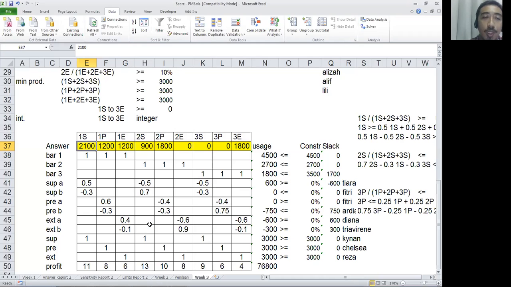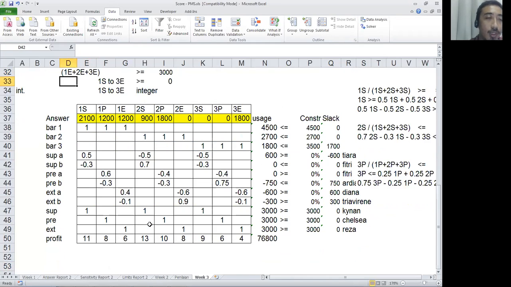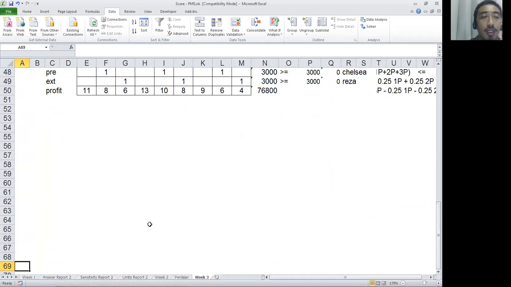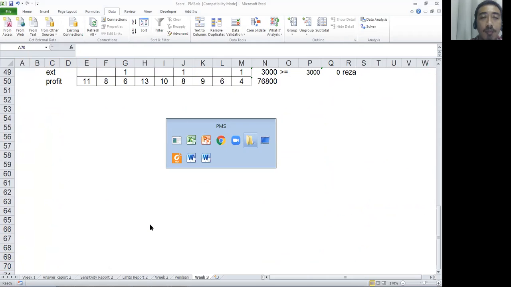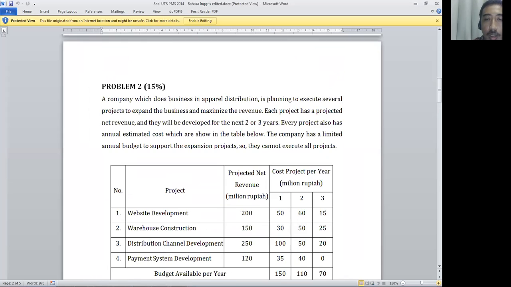Okay, if there is no question, then we will go to the next case of integer programming, the special case of integer programming, which is the 0-1. The question will be like this. The 0-1 integer programming is a very easy problem.